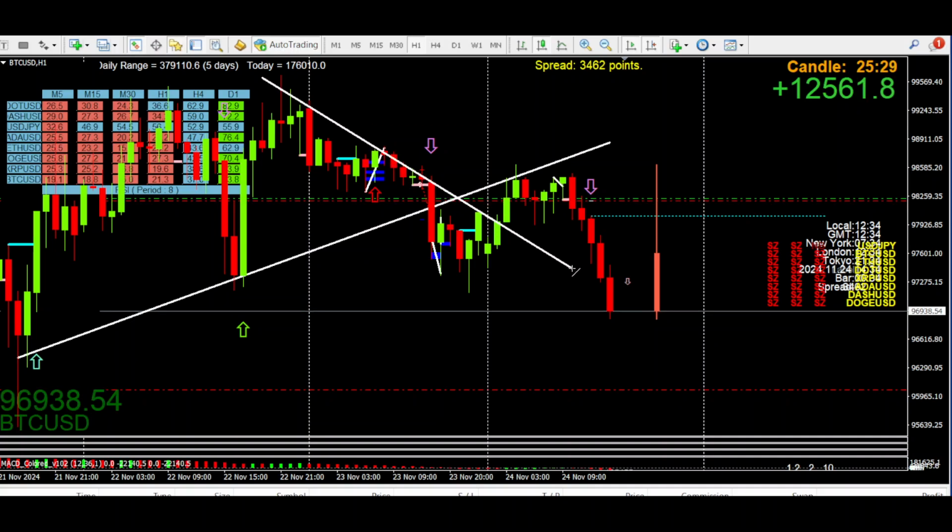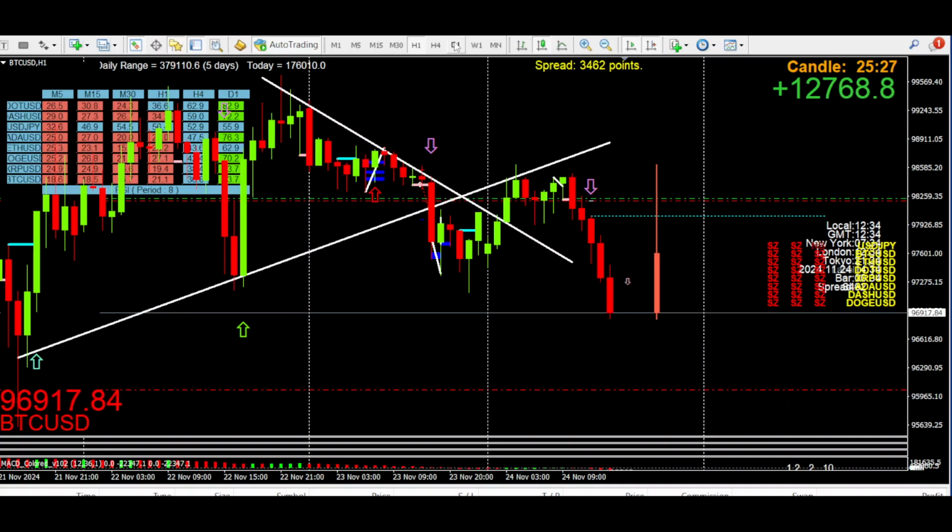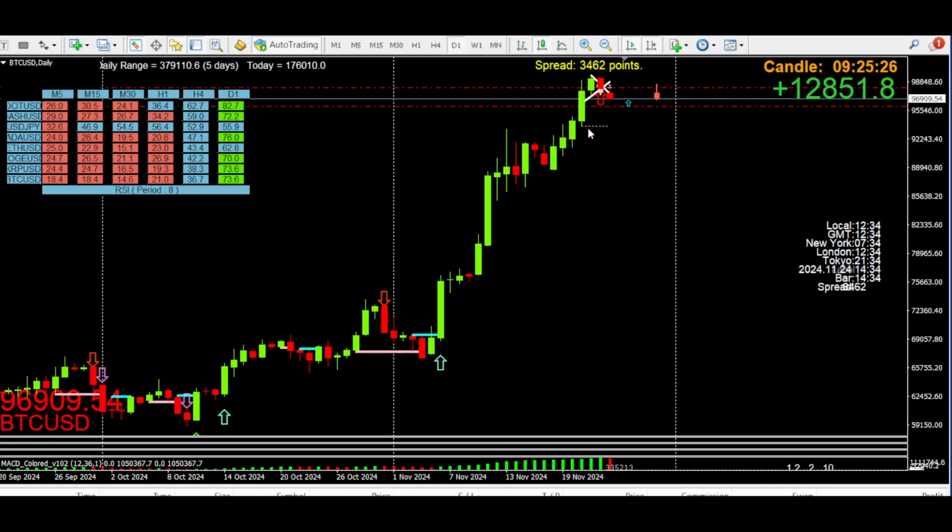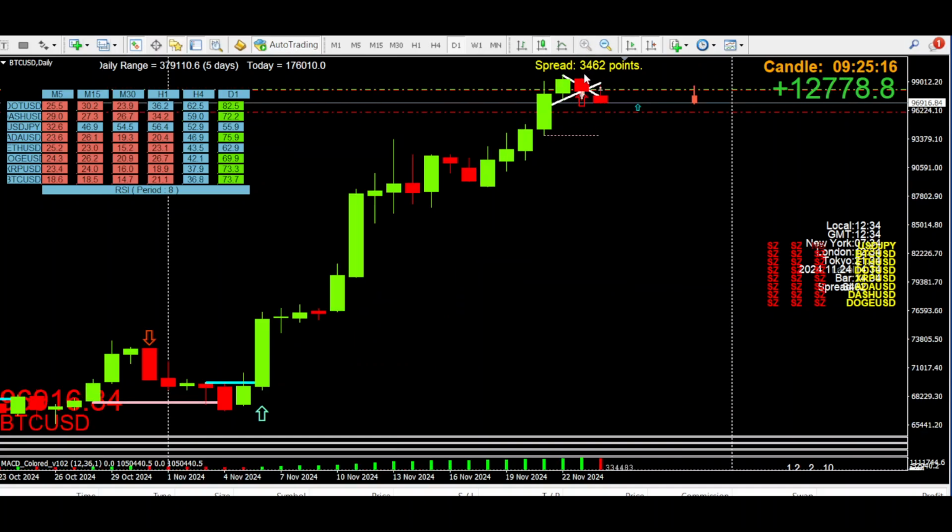But as I said to you, it was a little bit confusing. Yesterday it was easy because I had a green D1 and a red was crashing. Today is easy as well because we are below the close line of today's red D1, yesterday's red D1. So very highly likely it would continue down, which as you can see it is now.